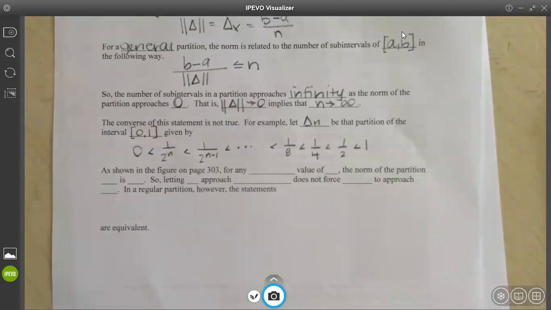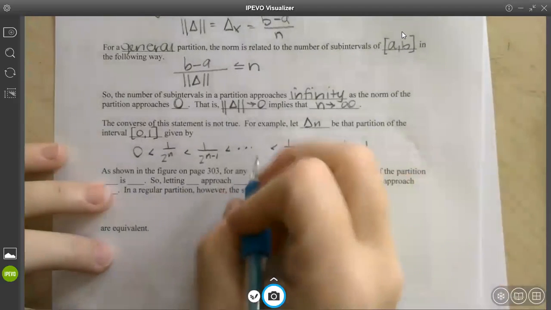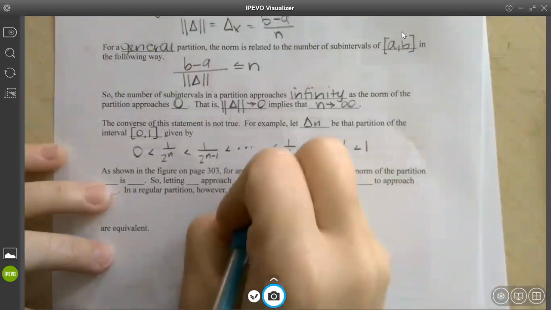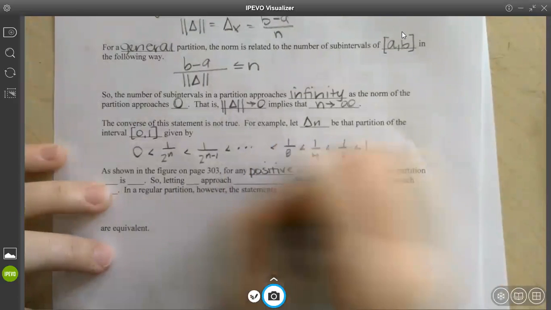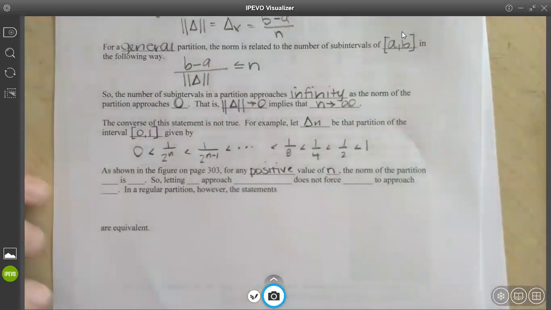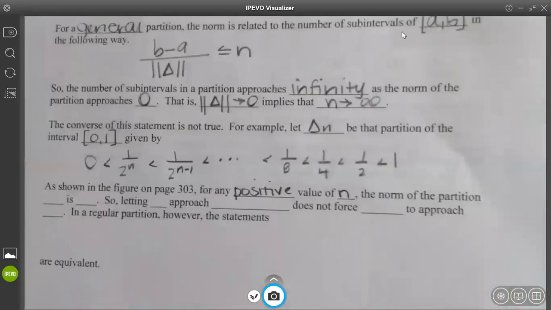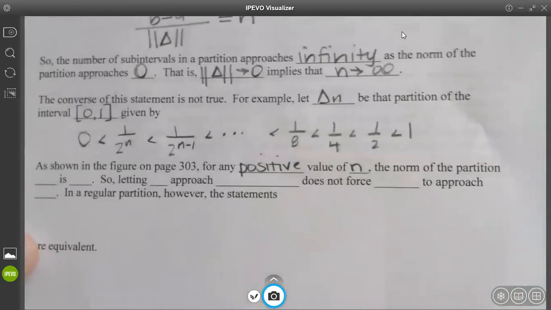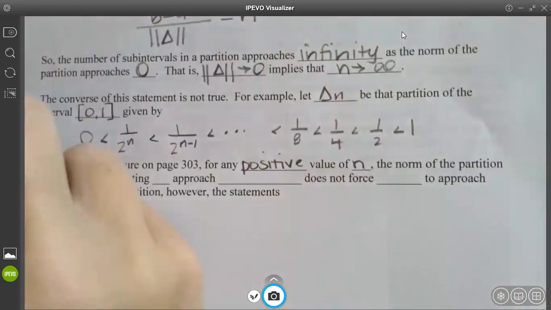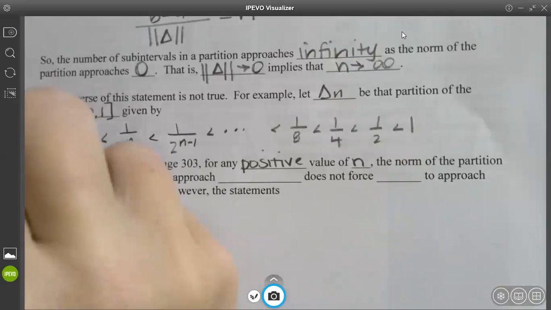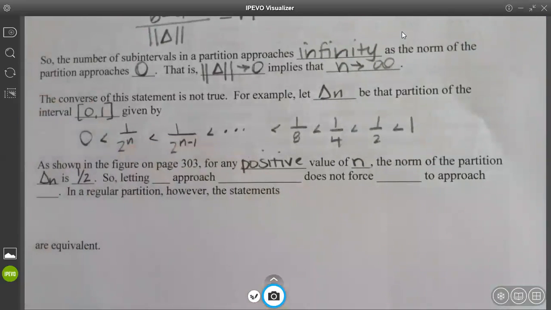As shown in the figure on page 303, for any positive value of n, the norm of the partition delta sub n is 1/2.